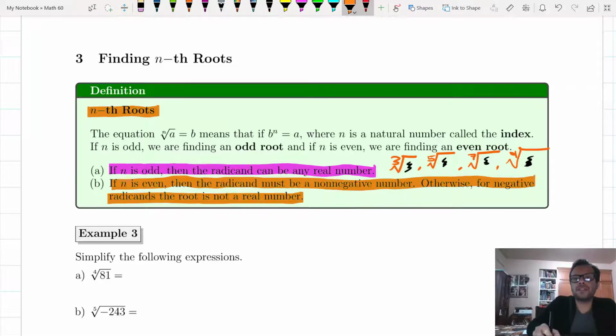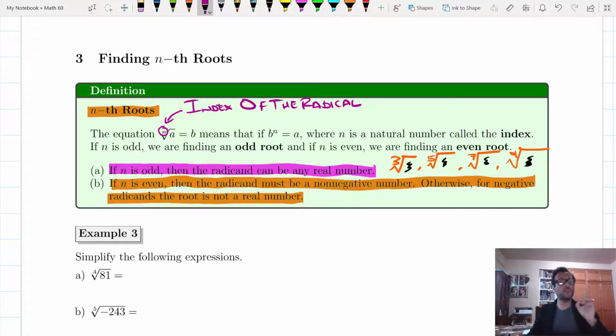So what about the index? Notice I mentioned something called the index. This quantity I'm circling, this n, is called the index of the radical. That's what is going to tell us what to do.